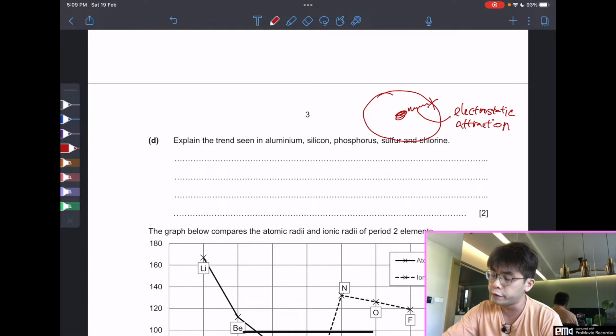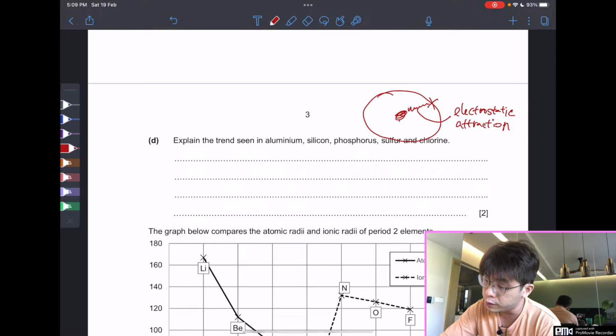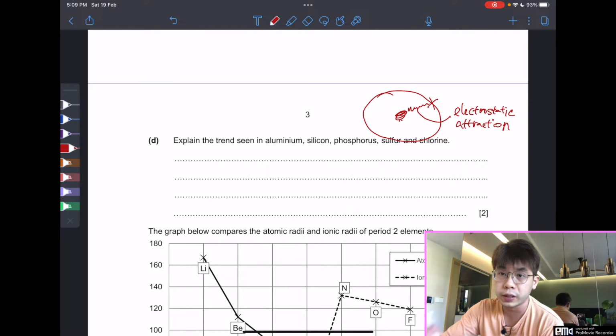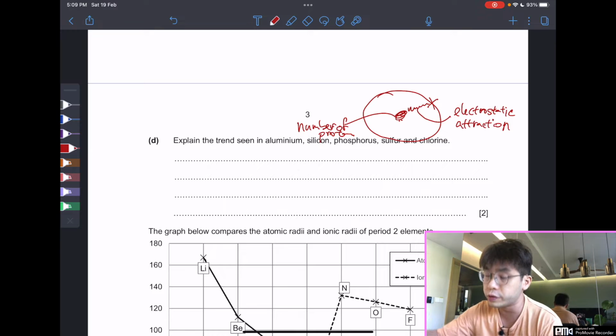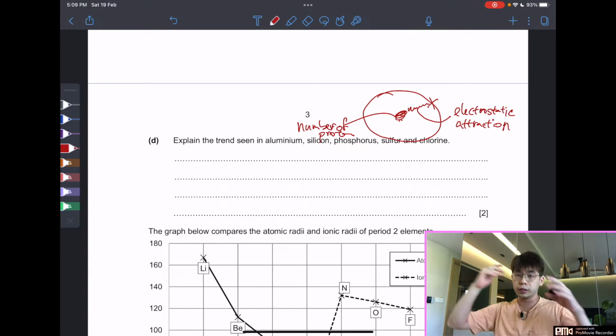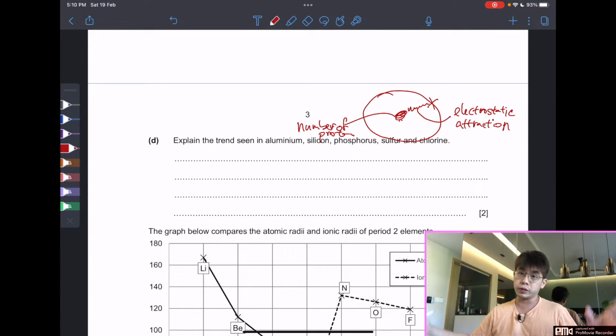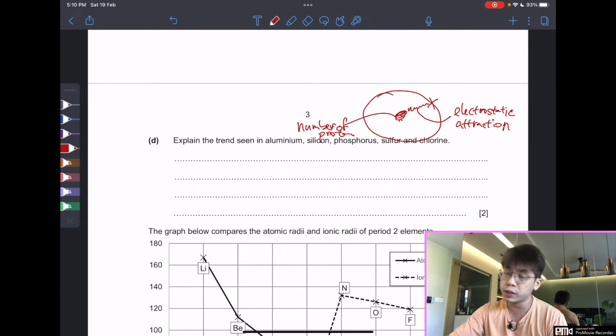However, it's also affected by the charge. So as I go from aluminum, silicon, phosphorus, sulfur, and chlorine, the thing that changes here is the number of protons. As I go from aluminum to chlorine, the number of protons increases. That means the nucleus becomes more and more positive.